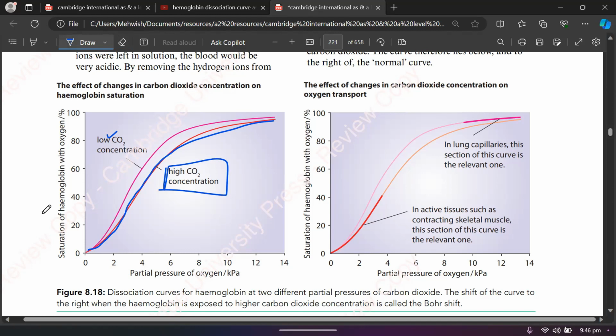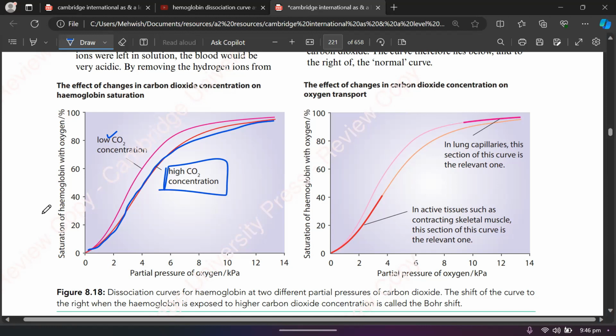The reason behind it is that when there is higher carbon dioxide concentration in the surrounding of the hemoglobin, hemoglobin will not bind to the oxygen. It will show more affinity with the carbon dioxide, and it will bind with the carbon dioxide instead of oxygen. So its saturation will be low with oxygen at higher carbon dioxide.